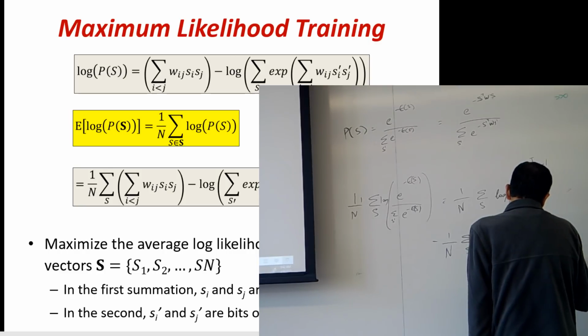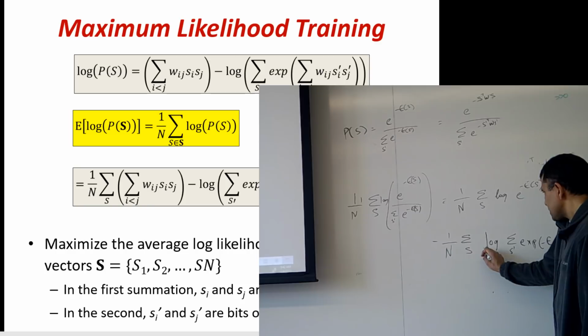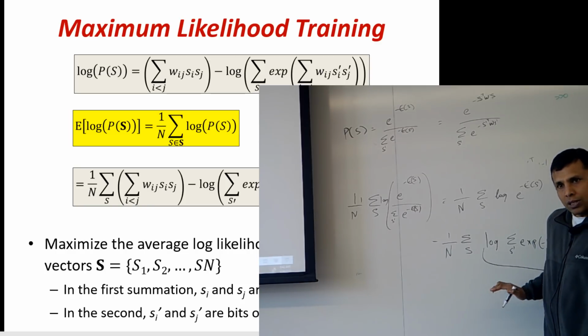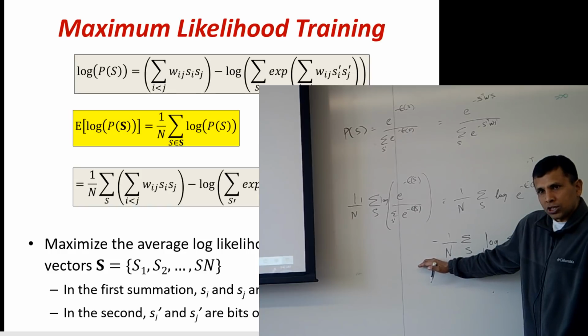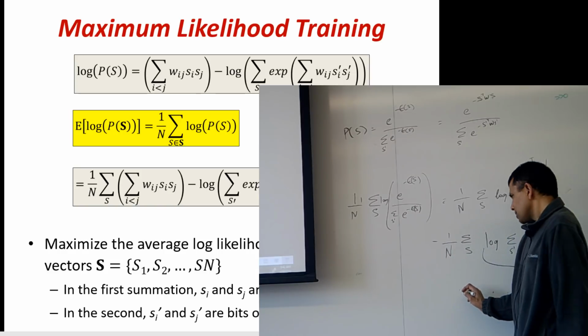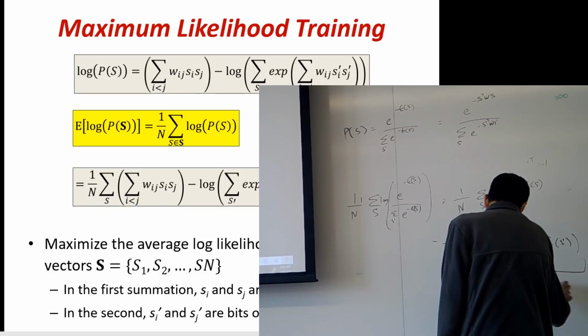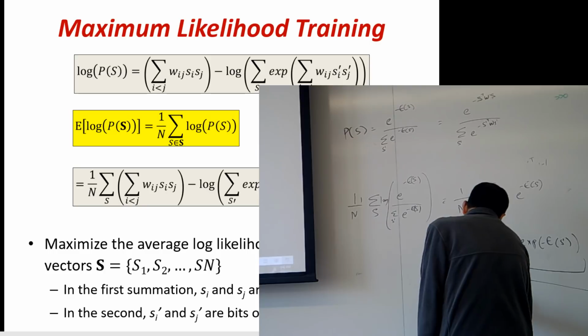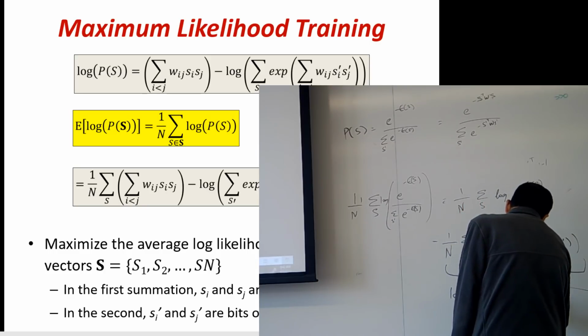Now observe that this term is not a function of s, right? So this term can come out of the summation, and this second term is going to be log of the summation over s prime of the exponent, times 1 over n summation of 1.